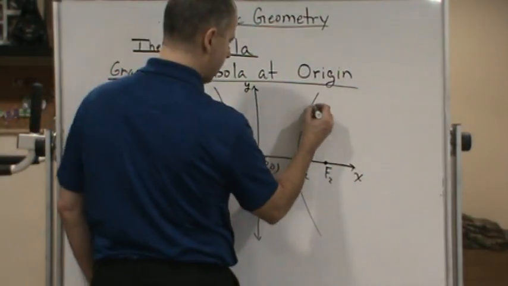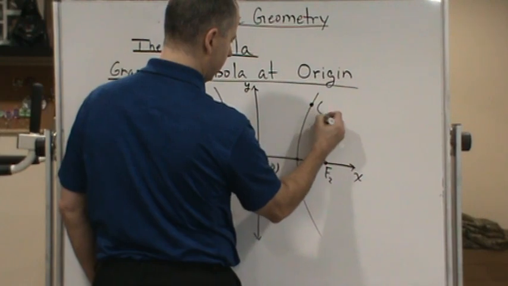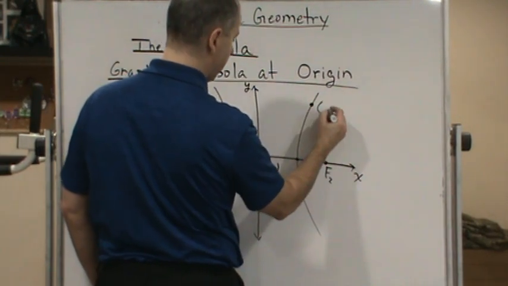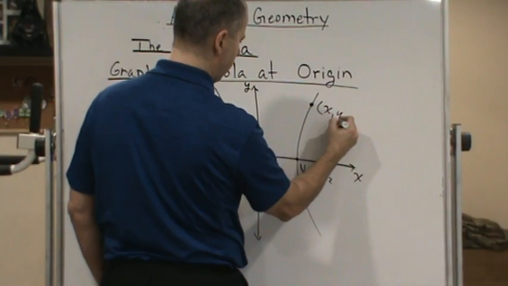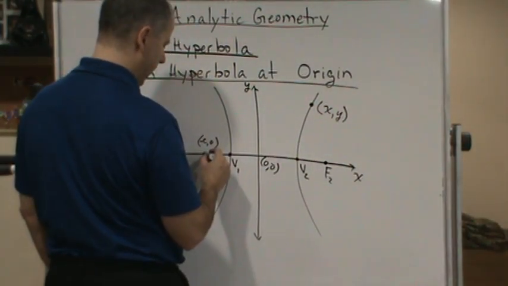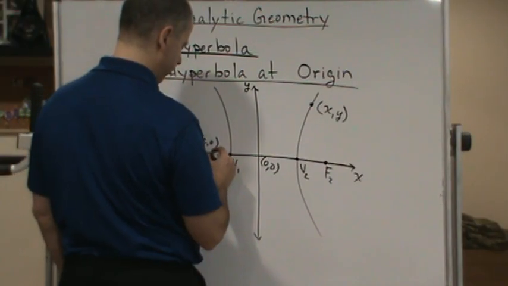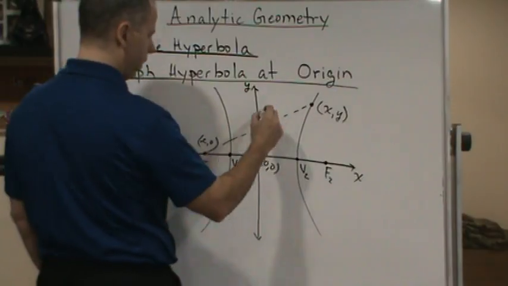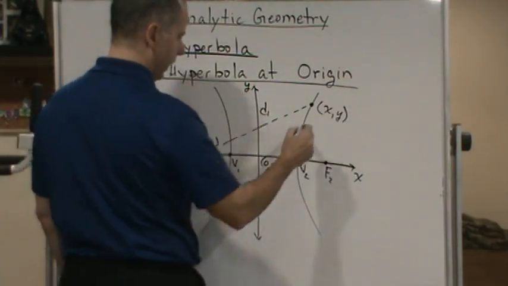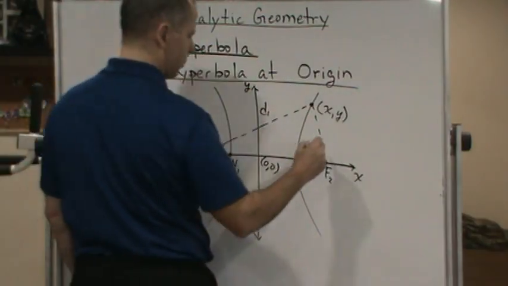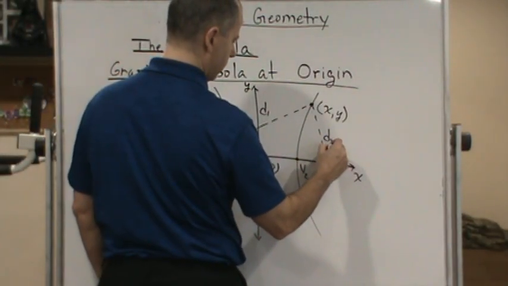And of course, let's take a point here on the hyperbola. So we'll call this x comma y. And we're going to take the distance from F1, the focus 1. Okay, so we'll call this D1. And then we're going to take that distance, we'll call that D2.